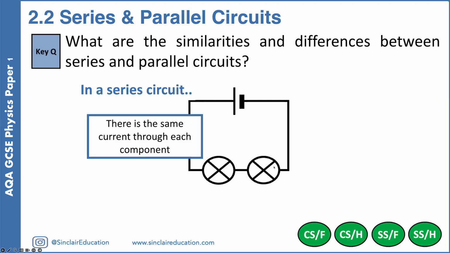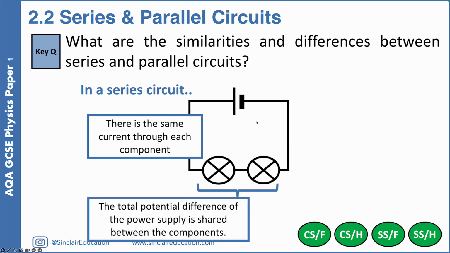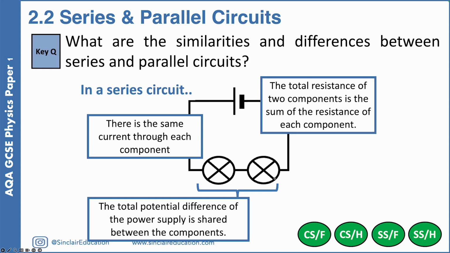It will be the same all the way around this loop. While the potential difference is shared or split across the components. Let's say this cell has got potential difference of 3 volts. If these are the same resistance, this bulb will take 1.5 and this will take 1.5. So the potential difference is shared across these components.